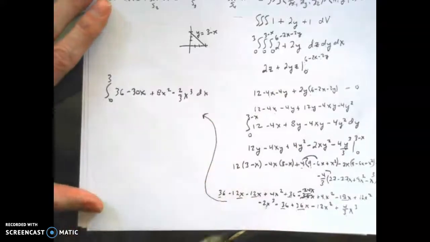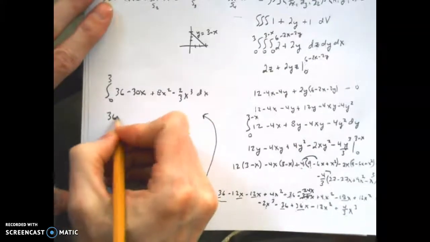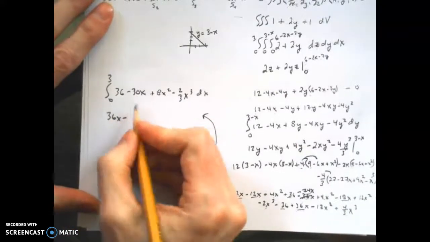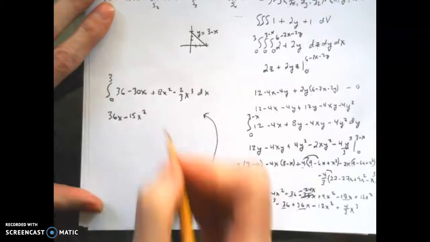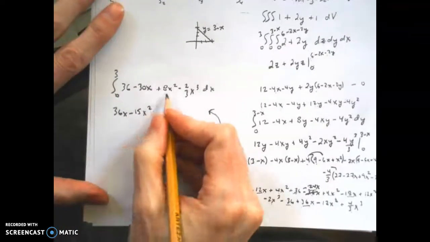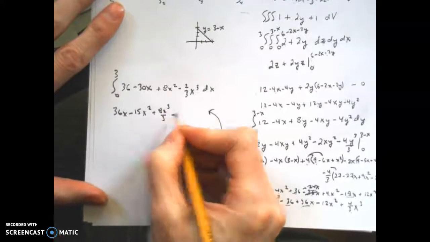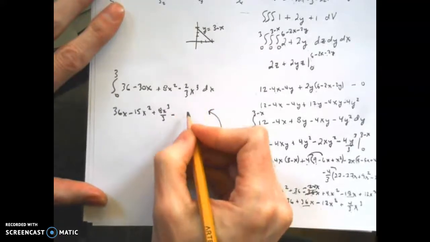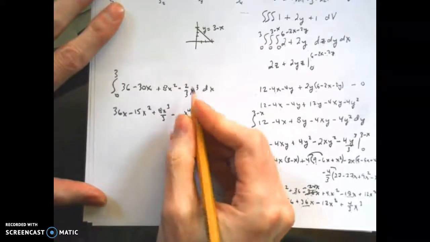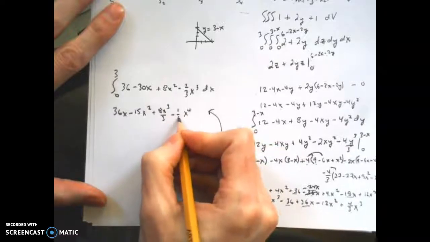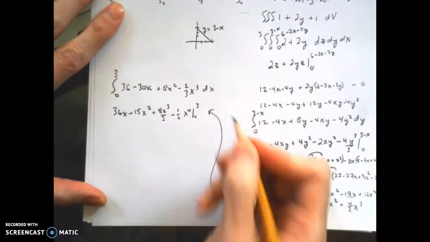So I've got 36x minus 30x squared over 2, so 15x squared, plus 8x cubed over 3, minus 2/3 x to the 4th over 4, so that's going to be 1/6 x to the 4th, and I have to evaluate this from 0 to 3.